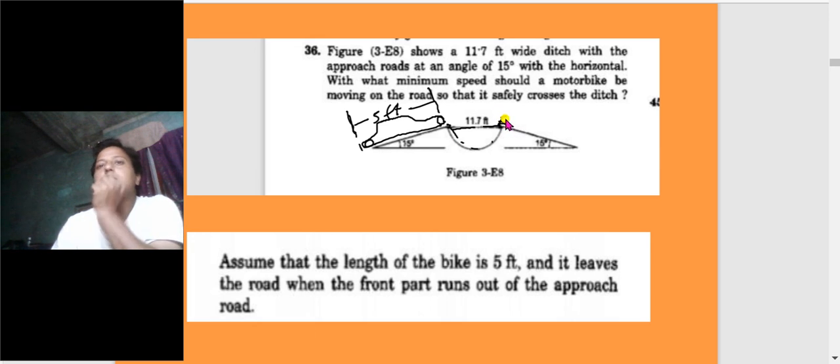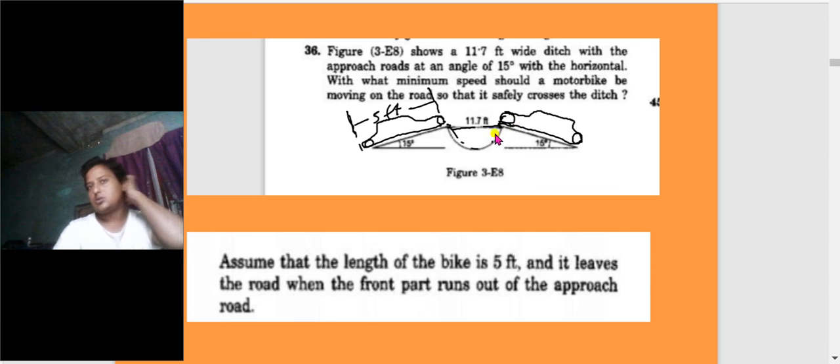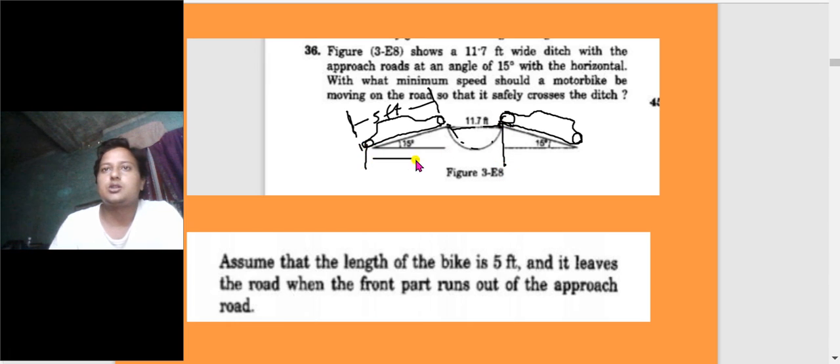So here the car ends like this. For safely crossing the ditch, we have this minimum condition. After projection, the body must cover this length.